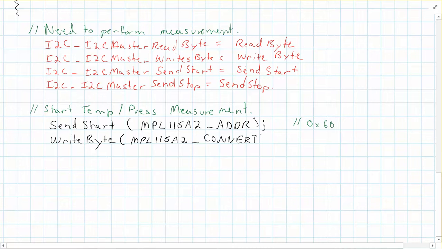You'll want to check in your own header file to see what the macro was. And if we looked at the datasheet, I'm not going to flip back there, basically what we're sending to it is 0x12 because that's the command to actually have the sensor perform a measurement. And then we're basically going to do a send stop.